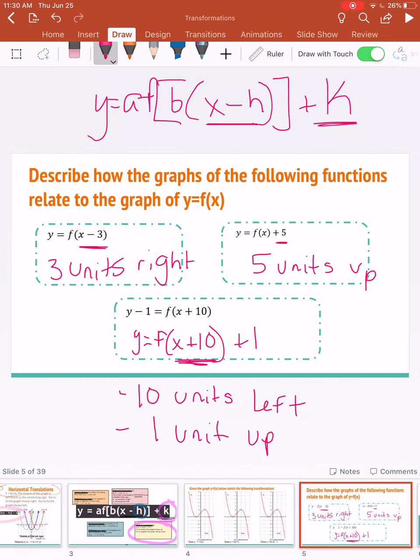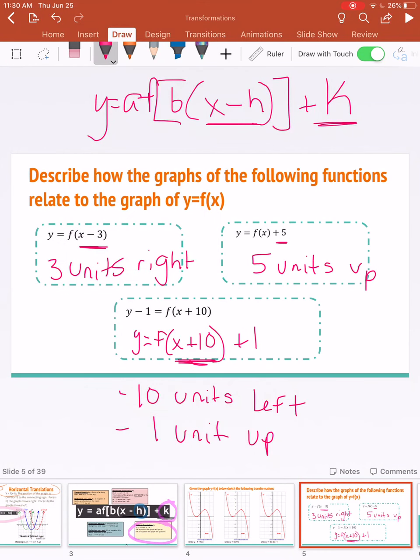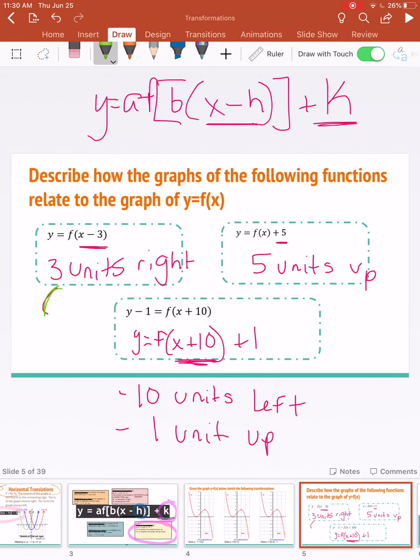Also, what you will see is mapping coordinates. We use mapping coordinates a lot in this unit. If we're moving 3 units right, our mapping coordinates would look like this: we would go x plus 3, but our y didn't change. It didn't move up or down, so it would just stay as y.